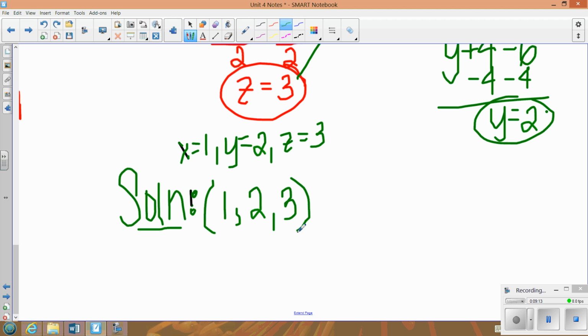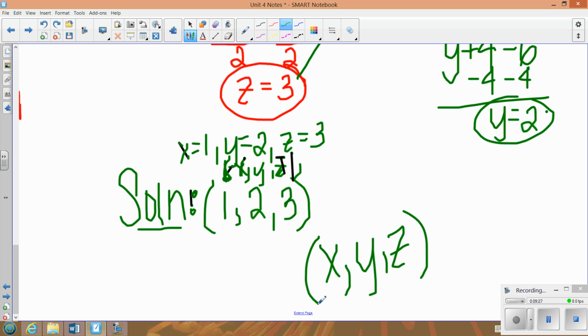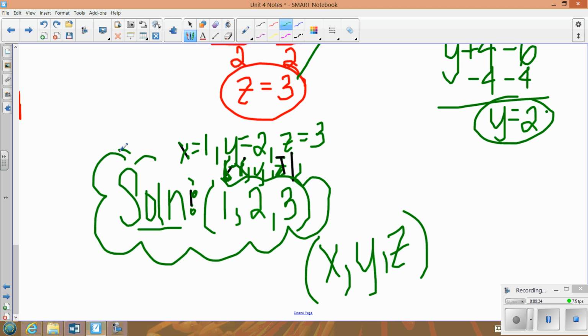You always write it as x, comma y, comma z. That's how you're always going to write your solutions. So this is your answer, x, comma y, comma z. And again, you can check your solutions by taking x, y, and z and plugging them into each of the original 3 equations. That's how you would check your solution for this.